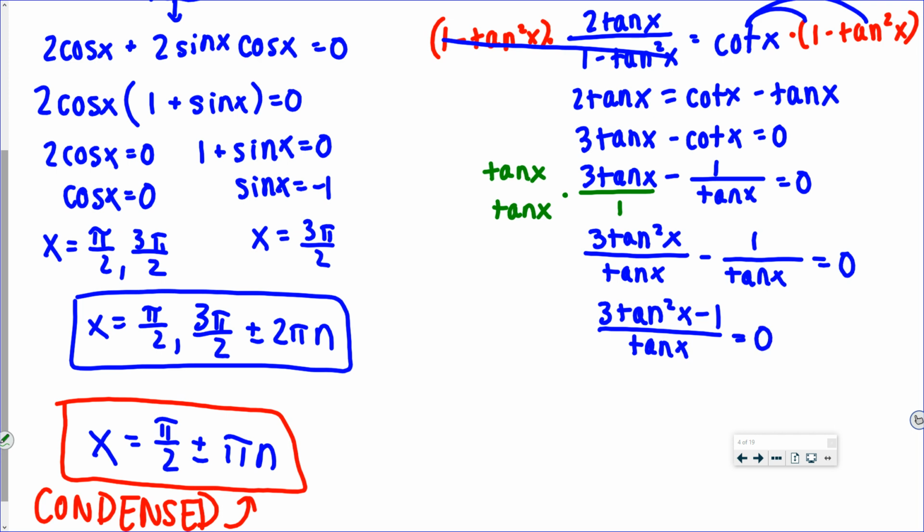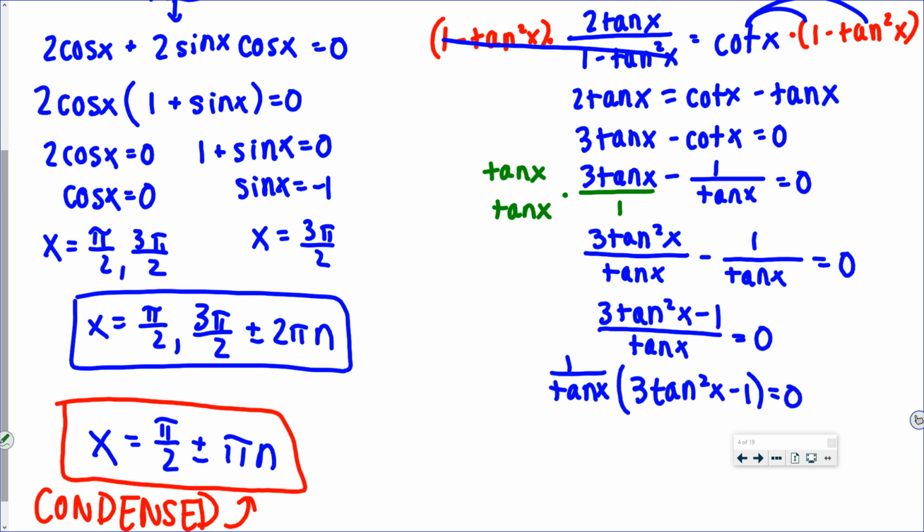Now what I'm actually going to do is essentially factor out this tangent because I'm going to use the zero product property really soon. Now this isn't necessarily tangent in my numerator; this is technically down here 1 over tangent. Or you can think of it as splitting up this fraction. We've done that a couple times.